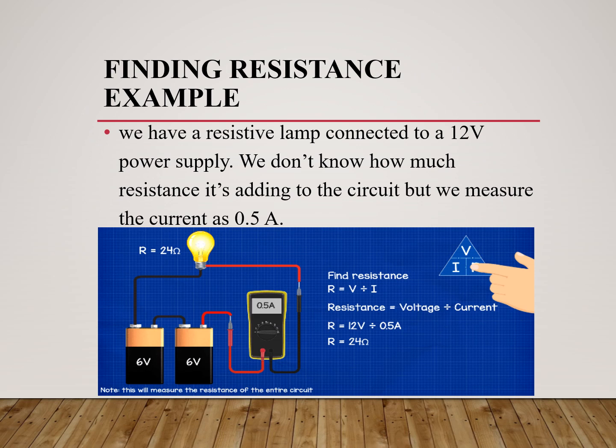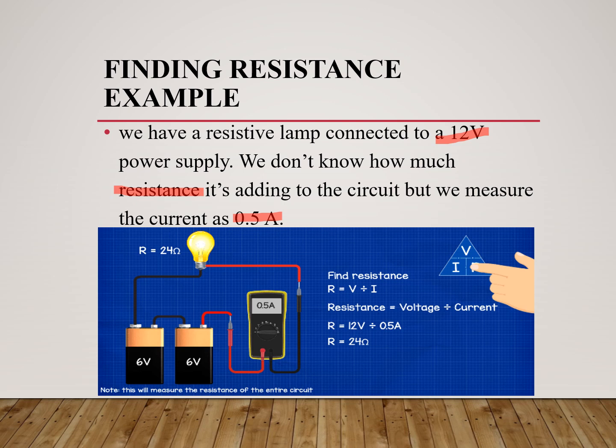We have another example, for resistance. We have a resistive lamp connected to a 12 volt power supply. We don't know how much resistance it's adding to the circuit, but we measure the current as 0.5 amps. So the resistance value is a question mark, the current value is 0.5 amps, and the power supply voltage is 12 volts.